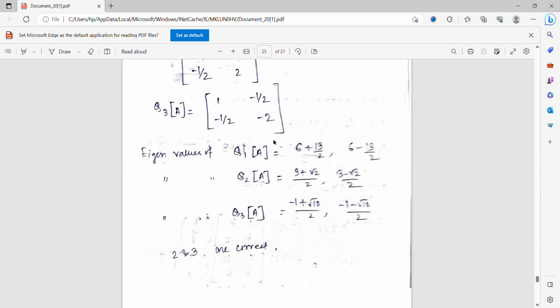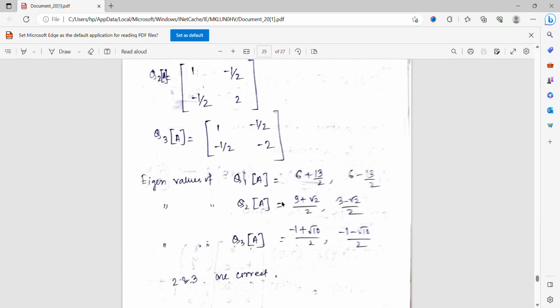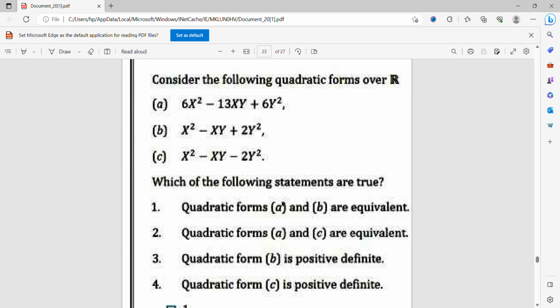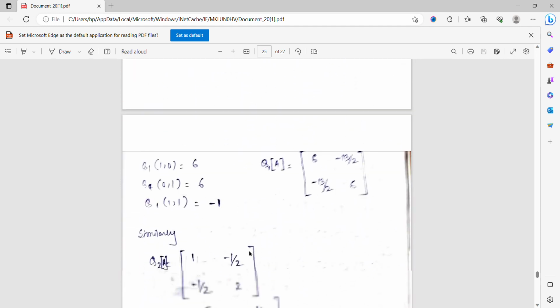Now for quadratic form A, the associated matrix has one positive eigenvalue and one negative eigenvalue. For B, both are positive. So the number of positive eigenvalues is different, so A and B are not equivalent.